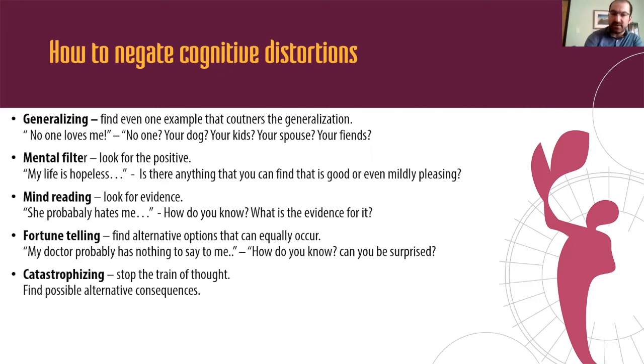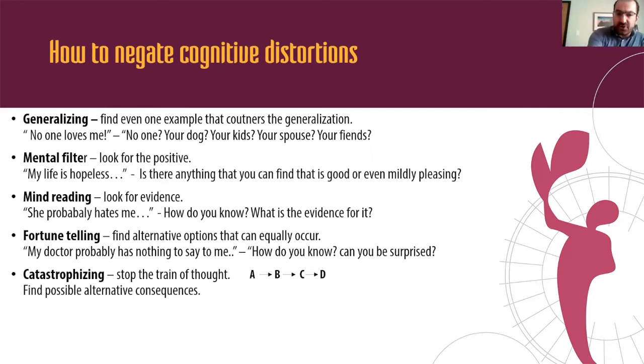With catastrophizing, we have this chain of A leads to B, leads to C, leads to D. It's like, oh, I was late to work today. My boss didn't like it. I'm going to get fired. If I get fired, I won't have enough money to pay my mortgage, and I'll lose my house. I'll be homeless, and so on.